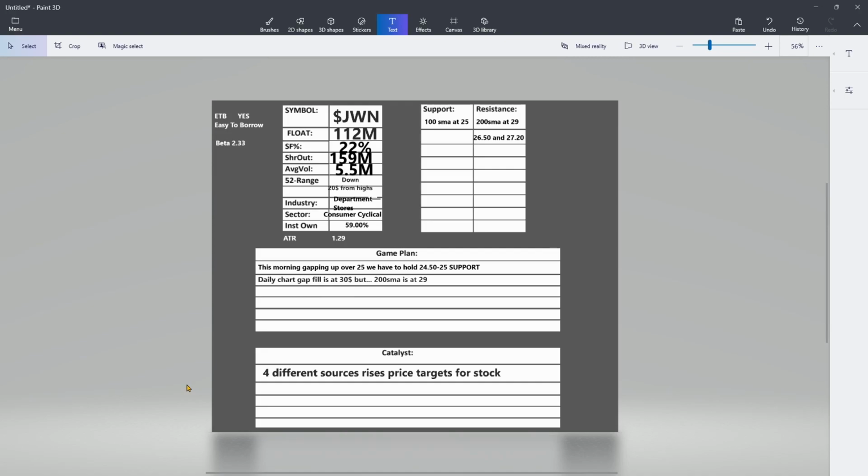The institutional ownership is at 60%. What sector is it in? The average true range, average volume, and even the volume on the day currently. The volume currently on JWN is at 37 million on the day currently. It's got a catalyst. We got 4 different sources that all raised the price target on this stock.